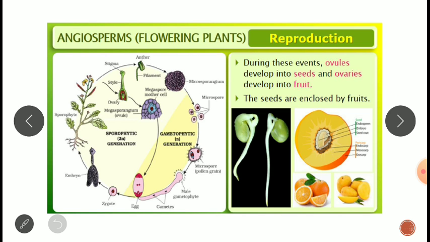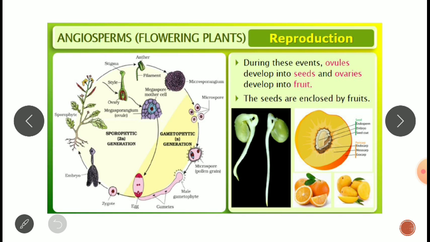In the PUC second year, the complete full lesson is there on angiosperm reproduction. Hence, here I have given you a brief idea of how exactly the reproduction in the angiosperms is taking place.